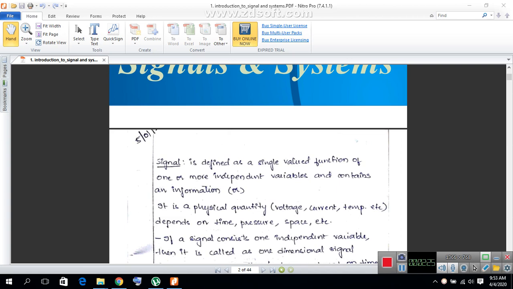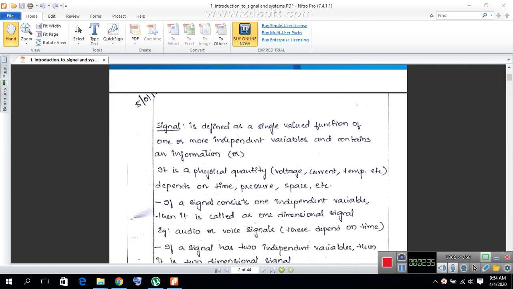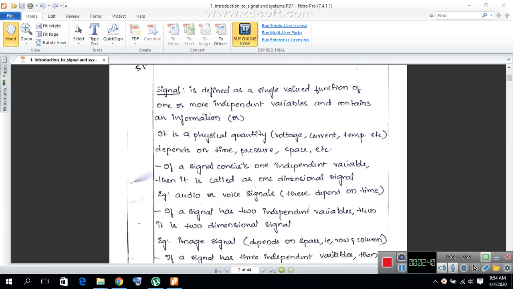A similar situation holds for signals, where there are independent variables and dependent variables. In most forms, the signal is a one-dimensional signal. The one-dimensional signal is one which has only one independent variable, which is mostly time.